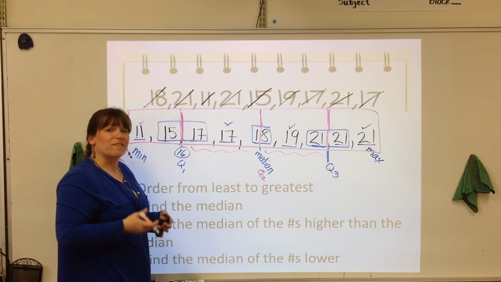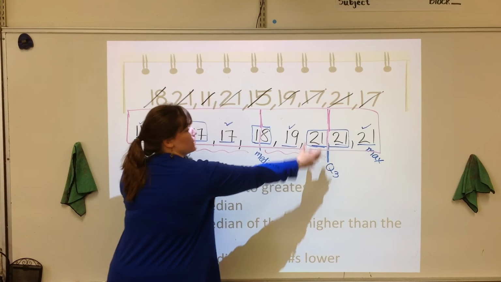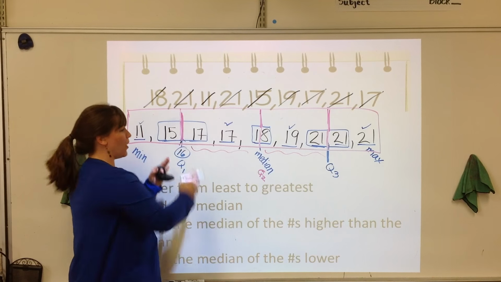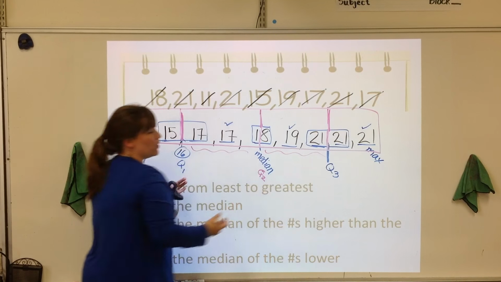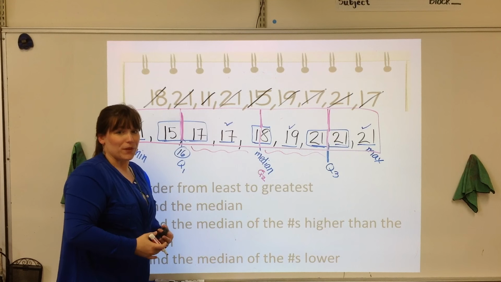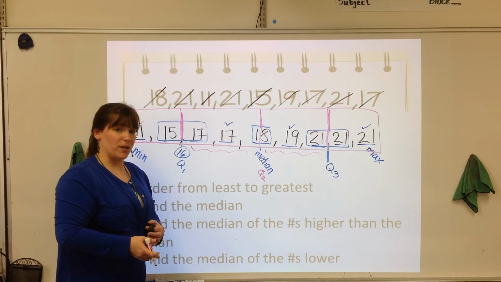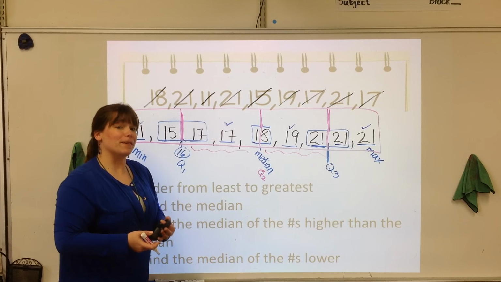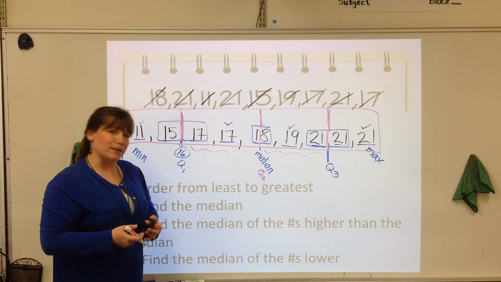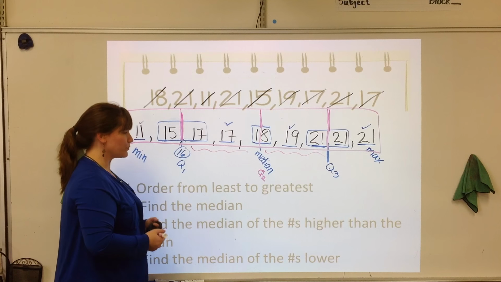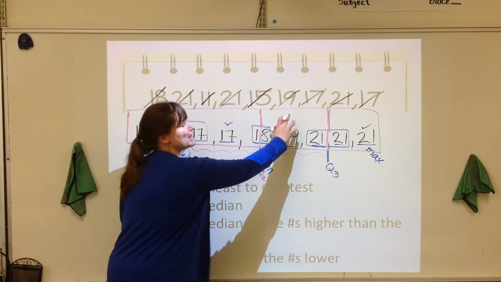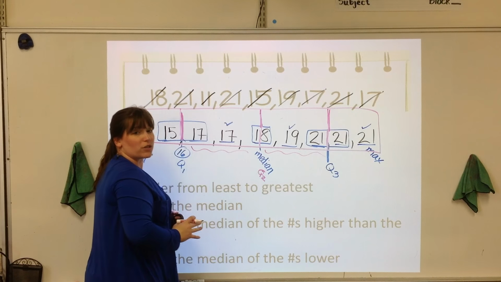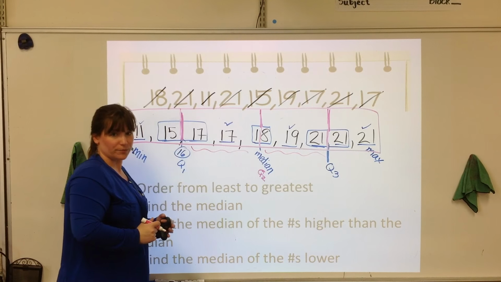So in order to find the range of numbers from the 16 to the 21, we're going to have to do something later with Q3 and Q1, and that is to find the difference, just like range, and it's to subtract. So when I talk about the interquartile range, I'm talking about the inside two quartiles closest to the center.